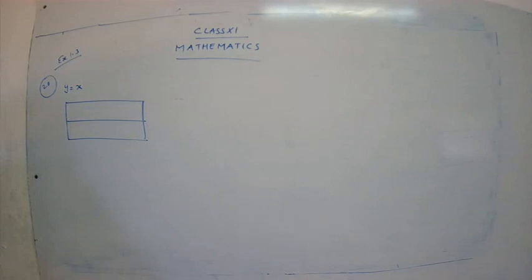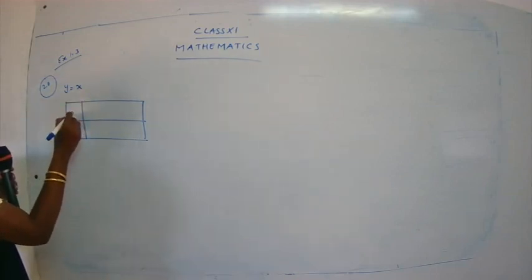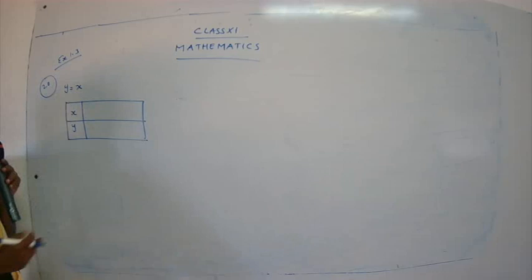So that too we have done. So now we are going to check for the symmetrical property. So y is equal to x. So x, y. If I take x and y is equal to x, what does it mean, children? Same value. Whatever value you are going to take, it is going to be the same.